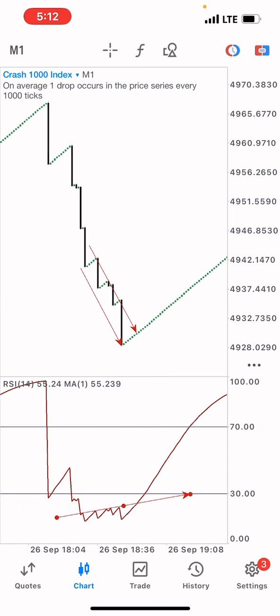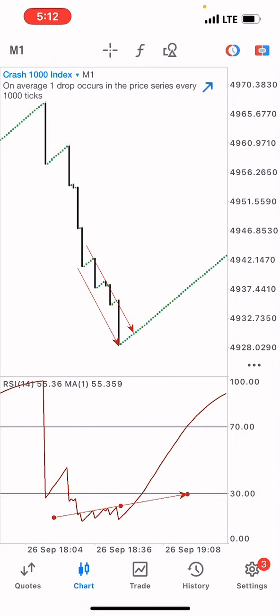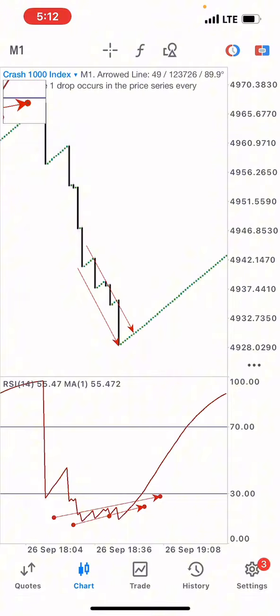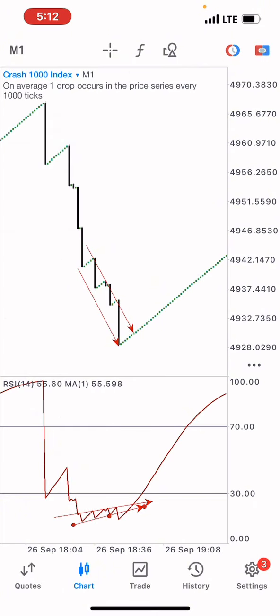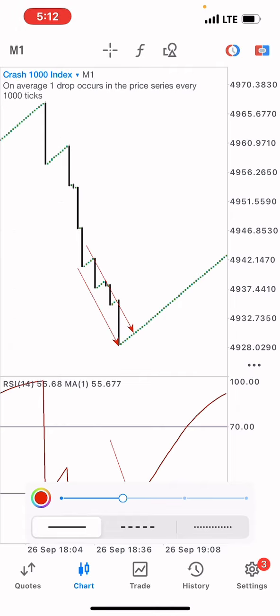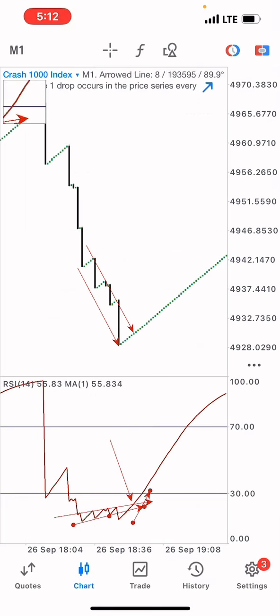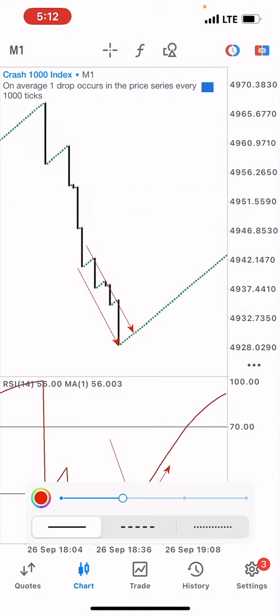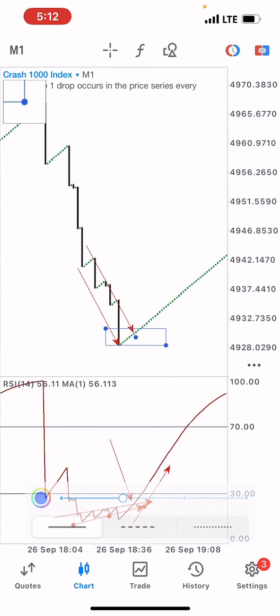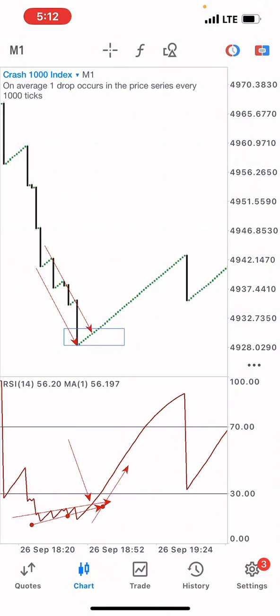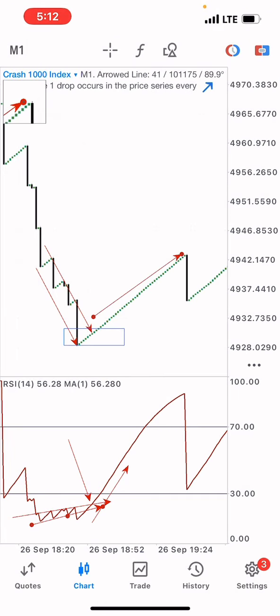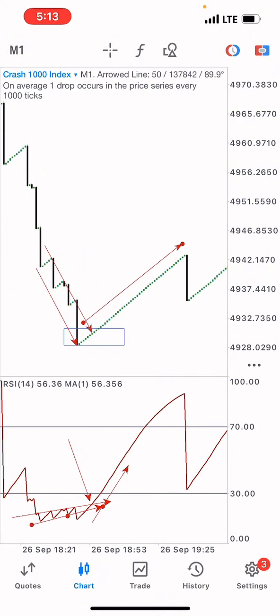The indicator was printing more lower highs around that region, and this happened right below level 30 of our RSI. As soon as price makes it above that level, then you could have a possible entry around that zone. And you can see how far it went up before the spike came in.